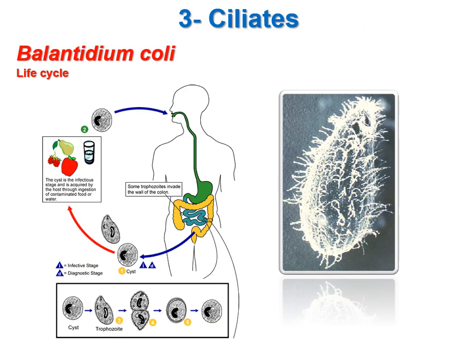Let us discuss now the only ciliate that can infect humans, and I want to remind you that ciliates move by beating their cilia. There are thousands of species all over, but the only ciliate that can infect humans causing diarrhea is Balantidium coli.